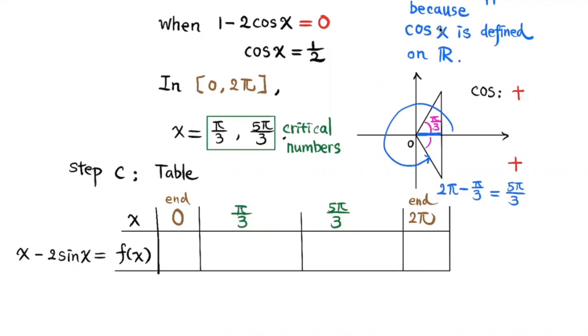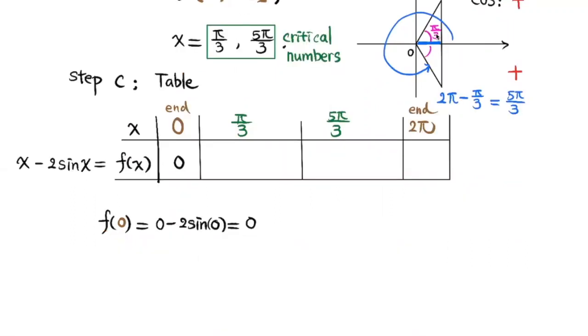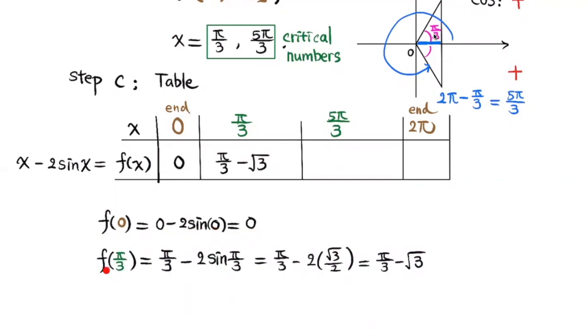Now we substitute all these x values into the x here in this function to find the corresponding f of x. We have f of 0 is equal to 0. We have f of pi over 3 is equal to pi over 3 minus 2 times sine of pi over 3.